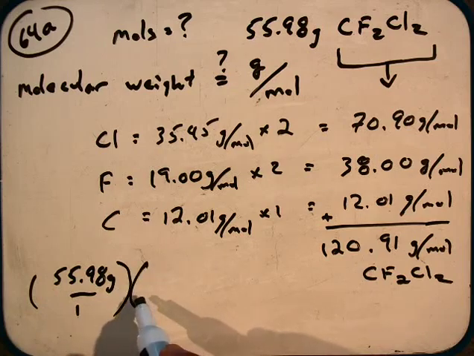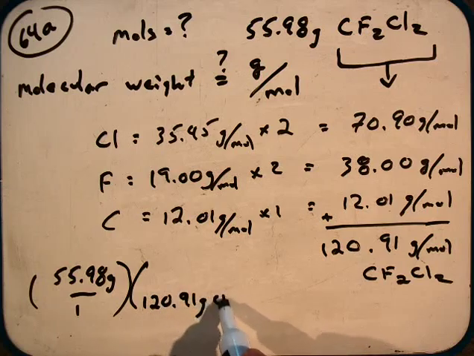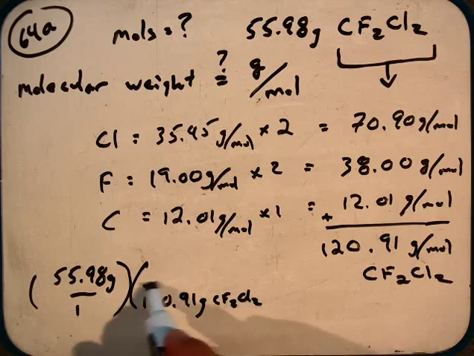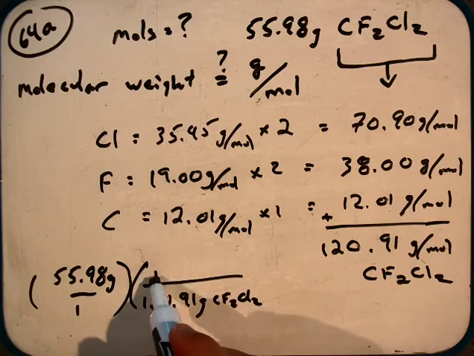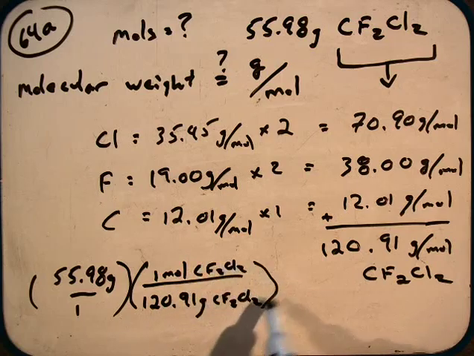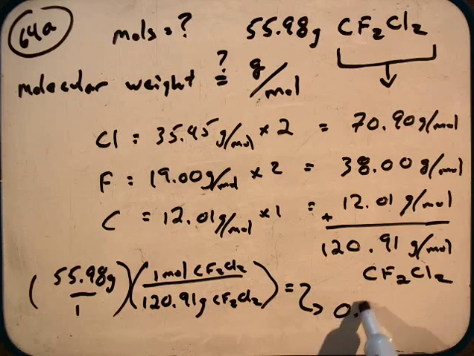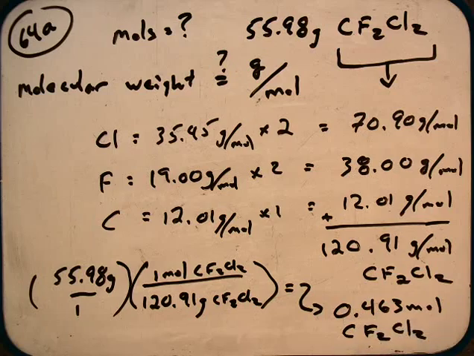We use our molecular mass, saying that for every 120.91 grams of CF2Cl2, that is 1 mole of CF2Cl2, and that'll tell me how many moles I have. I have 0.463 moles of my CF2Cl2 as a result of having 55.98 grams.